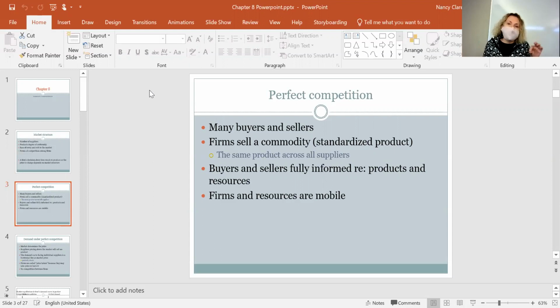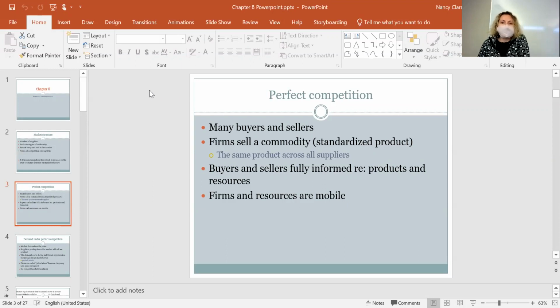Now, another tidbit of information that I'm going to give you about perfectly competitive markets is there's also many buyers. Usually when there's many sellers, there's many buyers, not always, okay? But in a perfectly competitive market structure, there's just so many different parties that any one person and the decisions of any one person just gets lost in the crowd, okay?